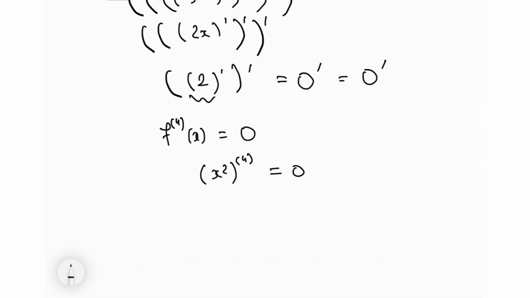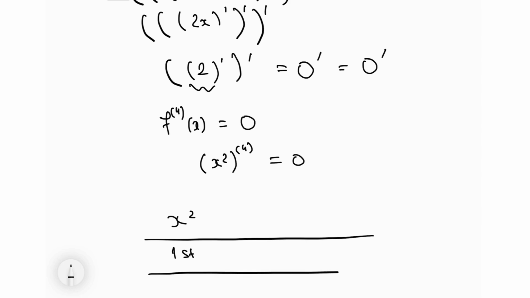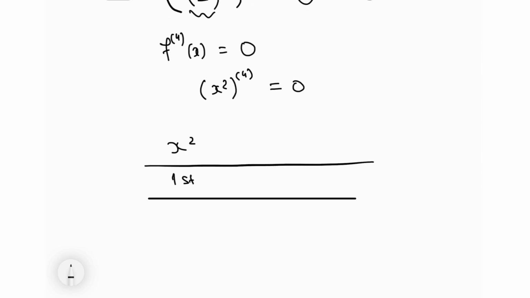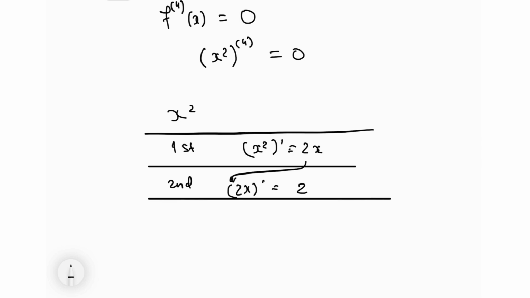Another way, I will hold on this example here, x squared, and you can make a table. The first derivative is x squared prime, which is 2x. The second derivative is the derivative of 2x, which is 2.